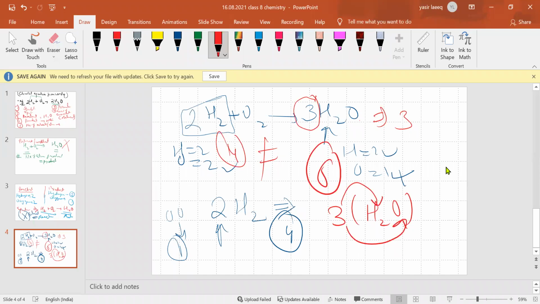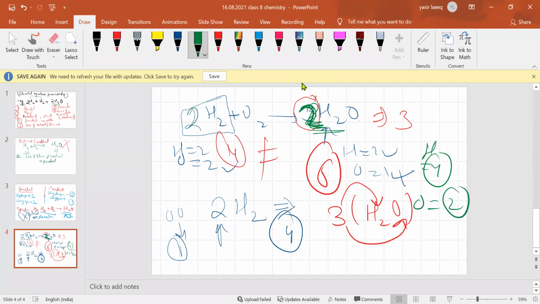So this thing is okay. Now see here once more, but it is not balanced. What to do to balance this equation? If we put 2 here, 2 here, then hydrogen will become 4, and oxygen will be 2.